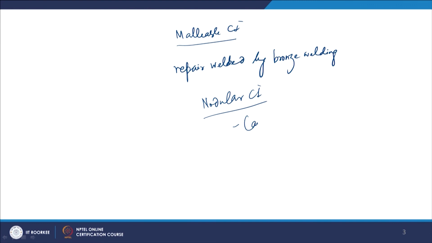But the nodularization is gone because of the loss of Mg. So normally nodular cast iron can be brazed, and we do the brazing of these components. We normally avoid gas welding of these components, because similar problems may be encountered as in the case of malleable iron.